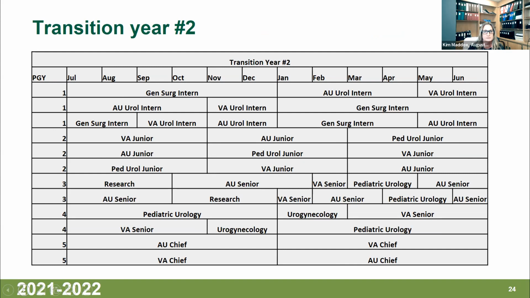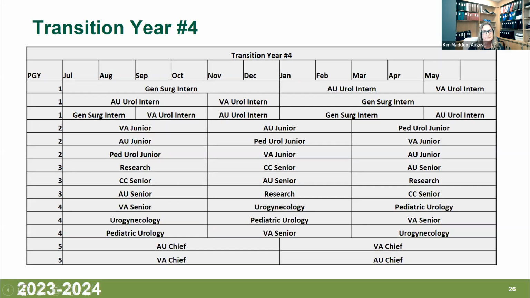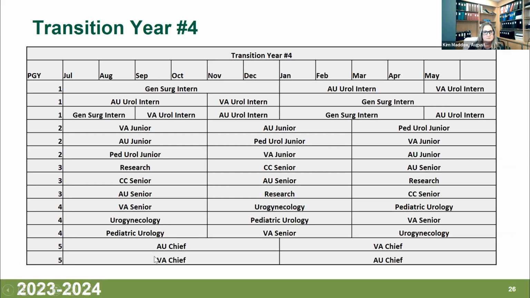Transition year number 3, it goes on out to, now we're up to 3 slots for up to the PGY3 year, and so on for transition year number 4 and 5. So now we're in transition number 4, actually. Next year, we will be up to our full complement increase of 3 in each PGY year.